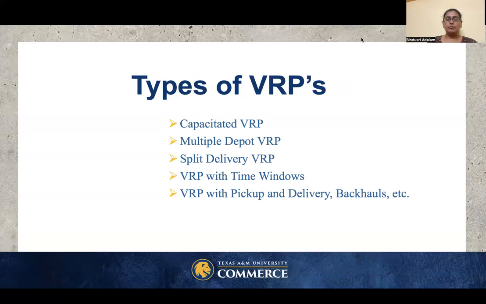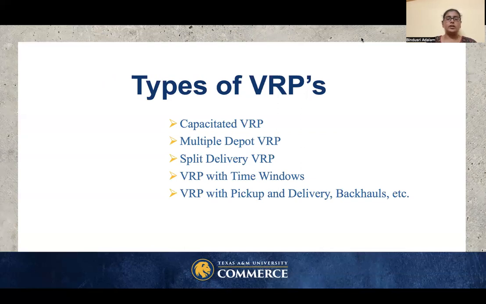Coming to the types of VRPs, we have different types of VRPs, like capacitated VRP. A capacitated VRP means the vehicle capacities are limited here and we have to plan accordingly. The next one is multiple depot VRP, where the vehicle fleet is distributed over a number of depots.